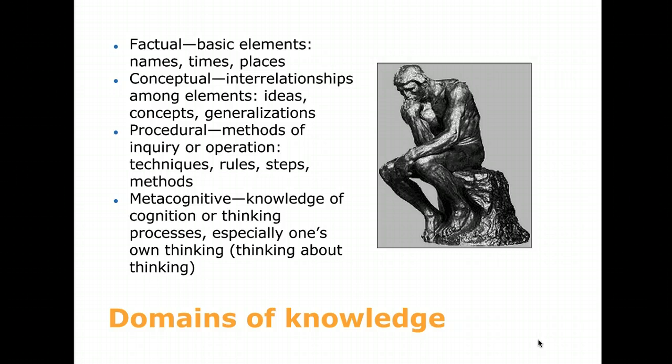Very complex, very nuanced. So another kind of knowledge we can have is procedural. How to do something. How to drive a car is procedural knowledge. The name of your car, the brand of your car, and the year of it, that's a fact.